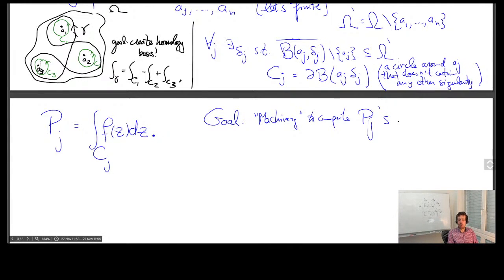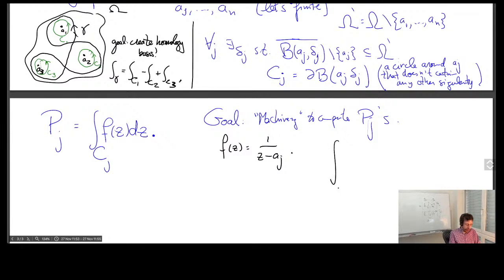But it's not obvious at all how to compute such a thing for now. So this is what we want to develop, machinery to do this. That's the goal. What is one function that we can compute the period of, and it's an interesting period? It's if the function is f(z) equal to 1 over z minus aj. This is something that we've done a few times.